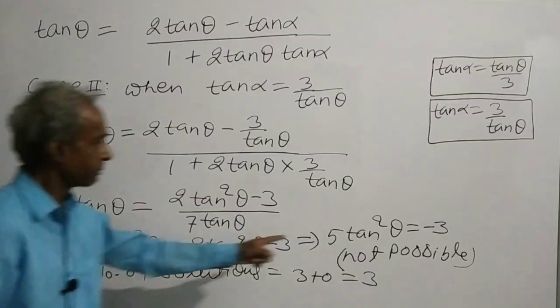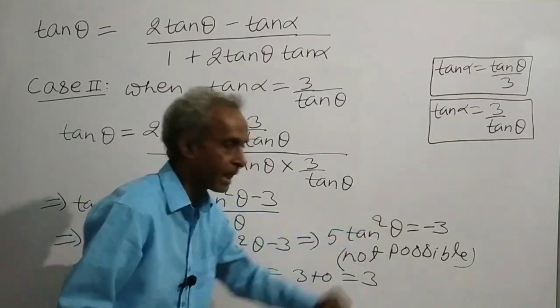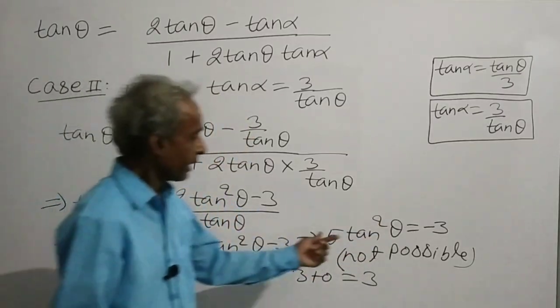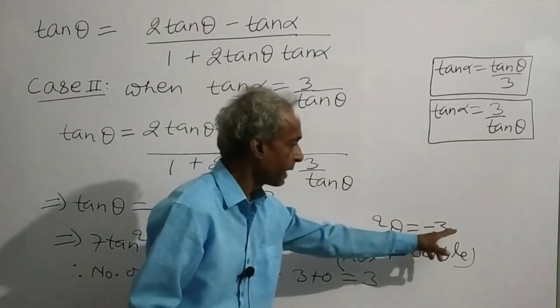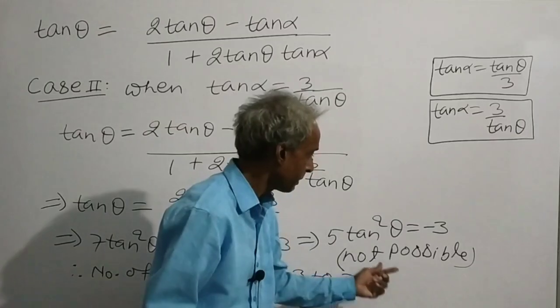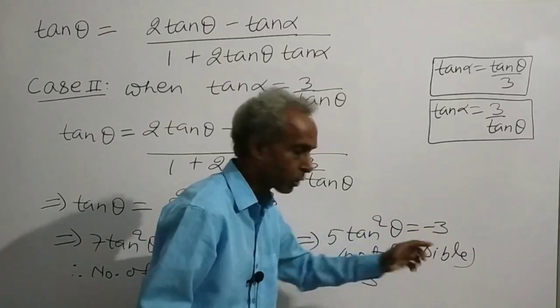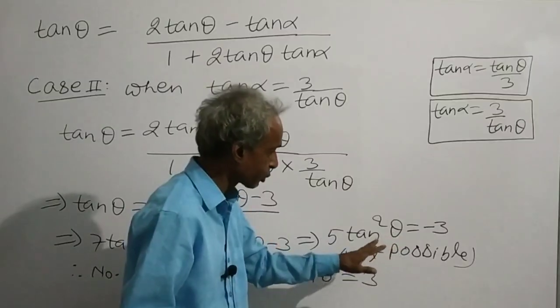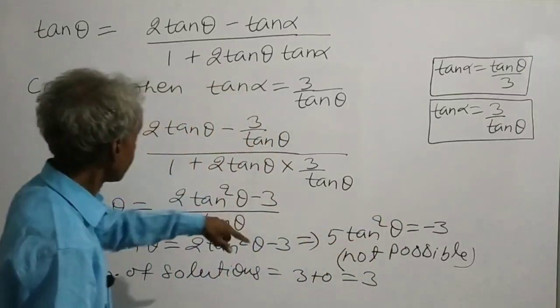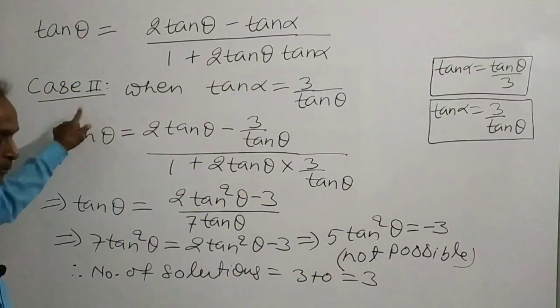Then this becomes 5 tan square theta is equal to minus 3. LHS is either positive or 0, but RHS is negative. Therefore, this cannot be possible. Therefore, we cannot find any real solution in this case.